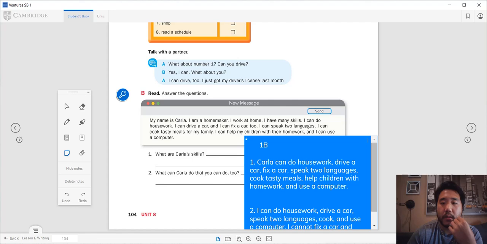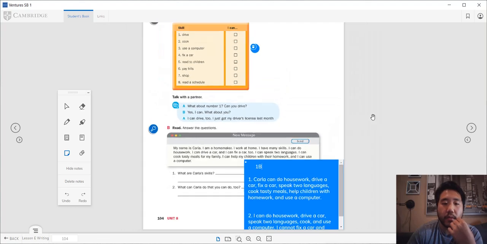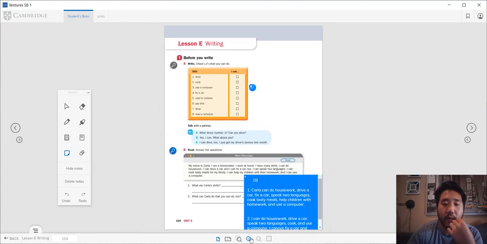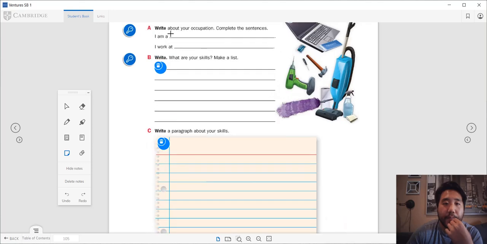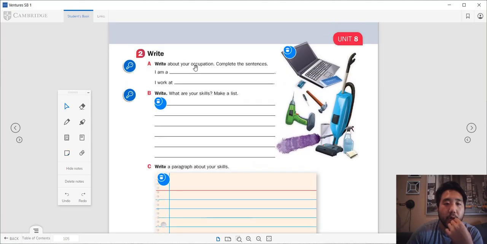Now we're going to go to page 105. So exercise 2. Here, we're going to write. Write about your occupation. Complete the sentences. I am a blank.